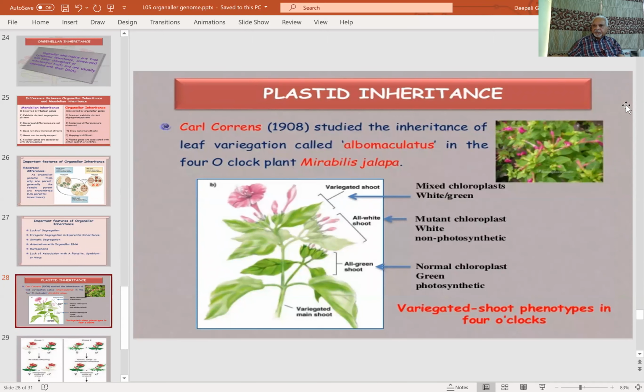Now, see the work done in 1908, which is historically the first report of this kind. If you look at this plant, which is known as the four o'clock plant, you all must have seen this plant growing. It is an ornamental plant grown at homes also, with the name Mirabilis jalapa.